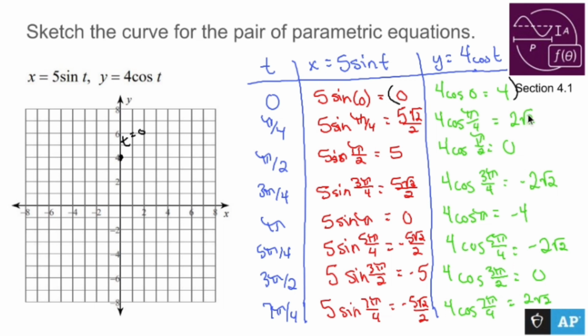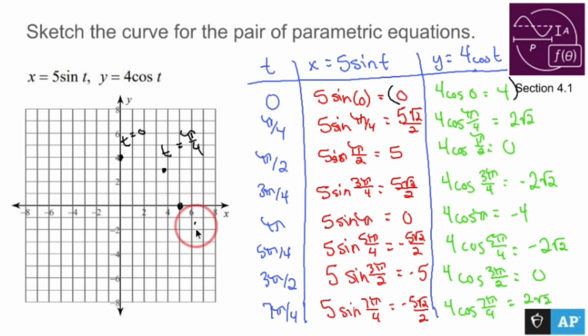So I'm looking at somewhere over here. Something like this, maybe. And that's when t is pi over 4. 5, 0 is lovely. I can handle that.